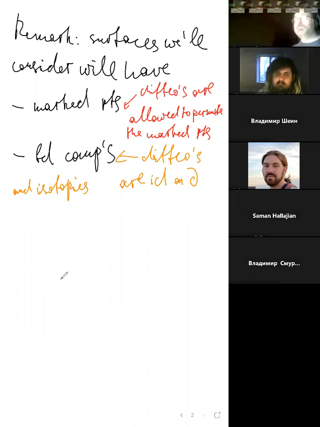Okay, so for example, for high dimensional tori, it's probably the simplest example. One can describe all three groups, and at least the topological and the smooth groups are not the same.